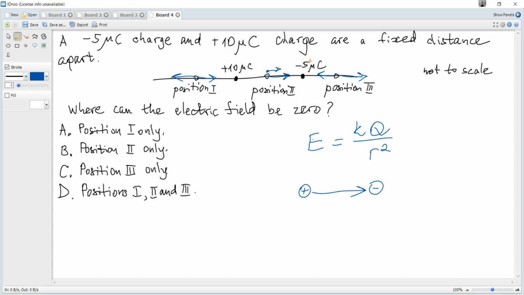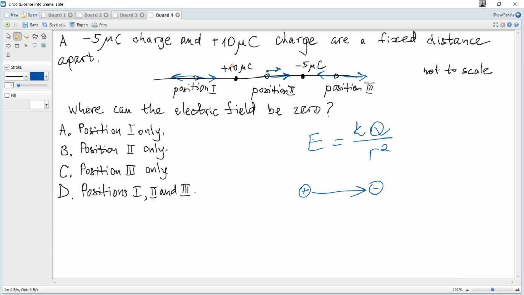Magnitude produced by -5, we can see that it has the smaller charge, but also it has the smaller distance. The smaller numerator decreases the result, but the smaller denominator increases the result.